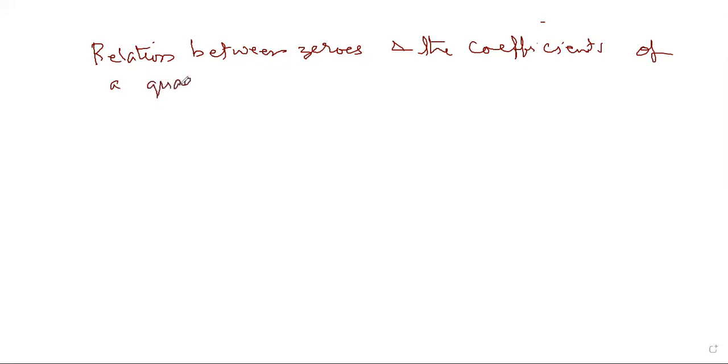This is a formula and we have to do questions on this formula. We are going to see only the quadratic polynomial; in our course the relation is only for quadratic polynomials.